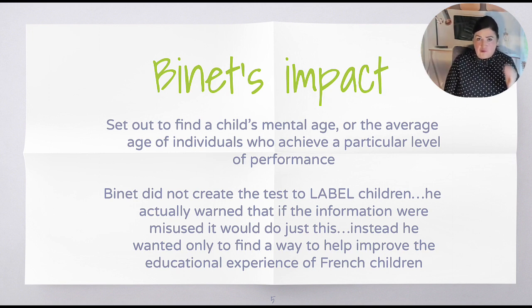It means that they are more intelligent or academically advanced. Again, Binet did not create tests to label children this way. It was not his goal. As I said before, he warned that if the information he came up with were misused, it would make an entire generation of children feel bad about themselves.